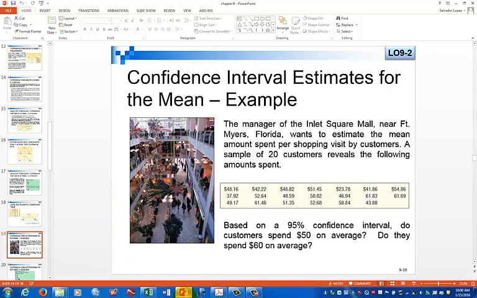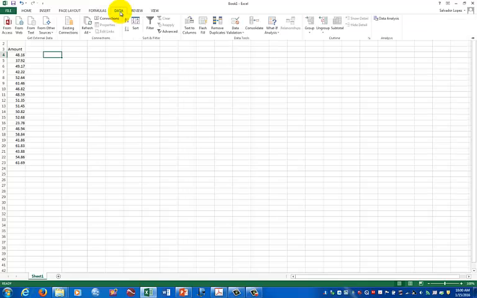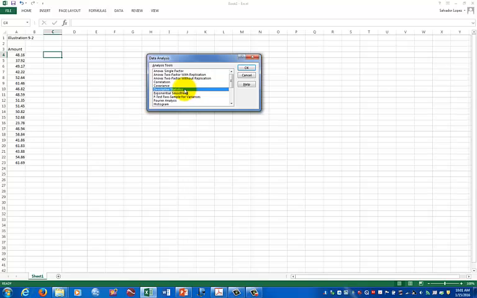Well, in this case, you can use Excel, and I copied these values into an Excel file. So these are the same numbers. Step number one is to go to Data Analysis, and then use Descriptive Statistics.